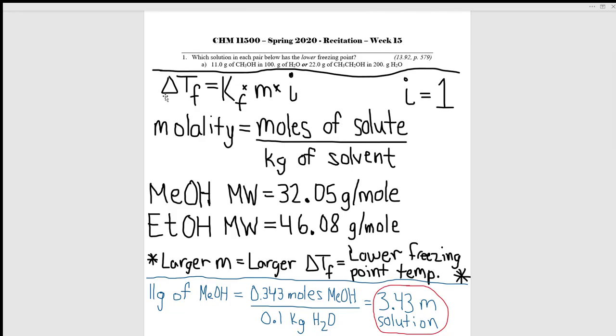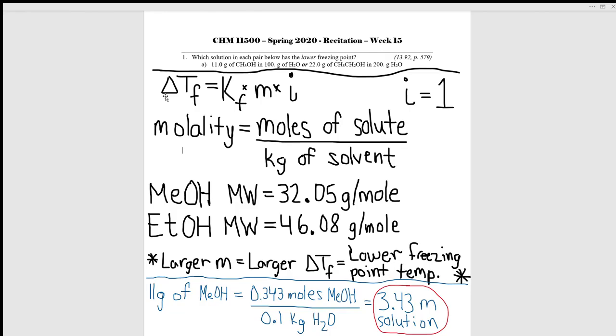K_F represents the molal freezing point depression constant that is unique for that solvent. m is the molality of the solution, and i corresponds to the van 't Hoff factor of the solute particles.